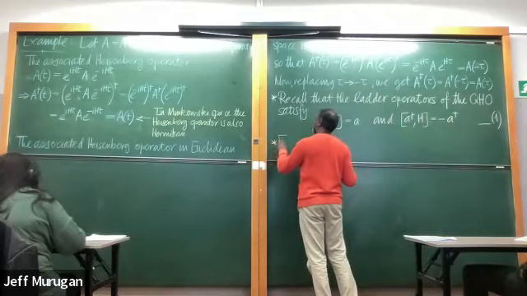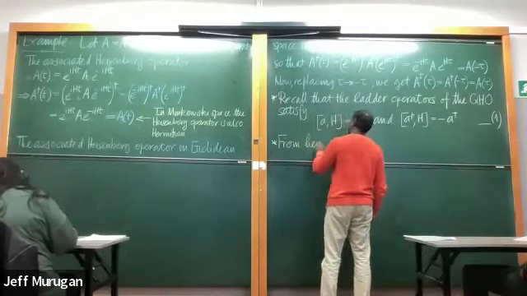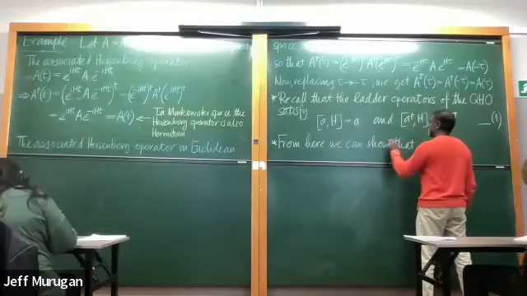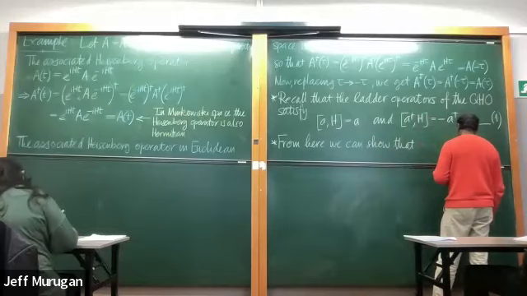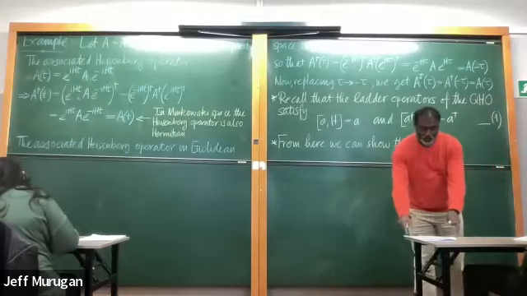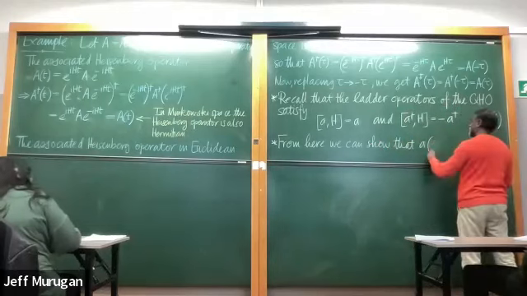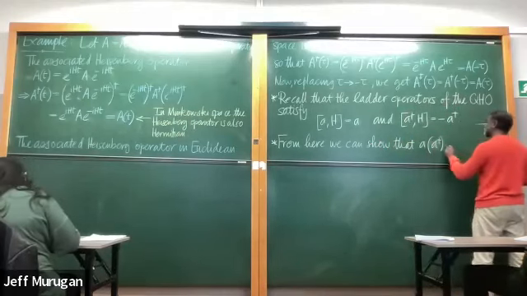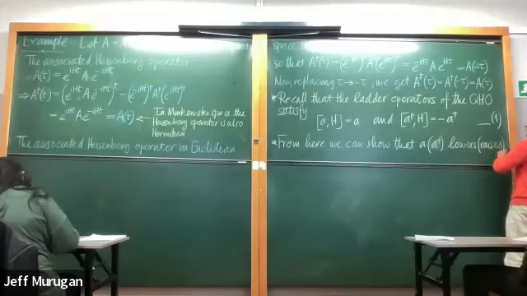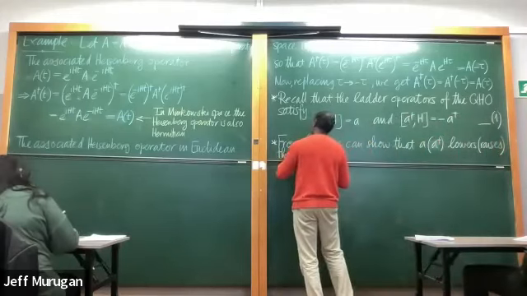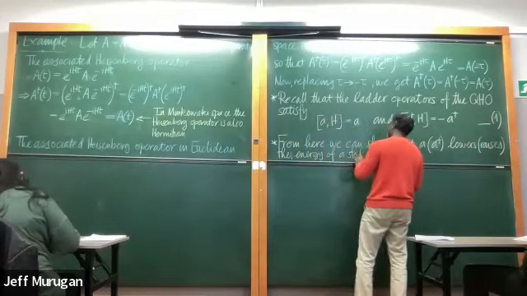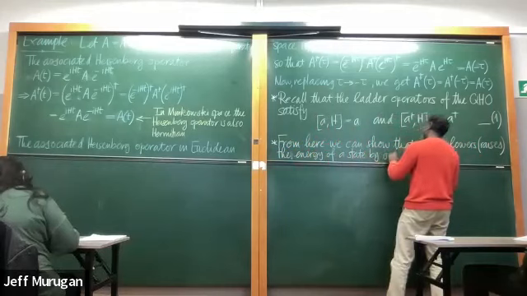So from here, A effectively lowers, and A dagger effectively raises, the energy of a state by one unit.